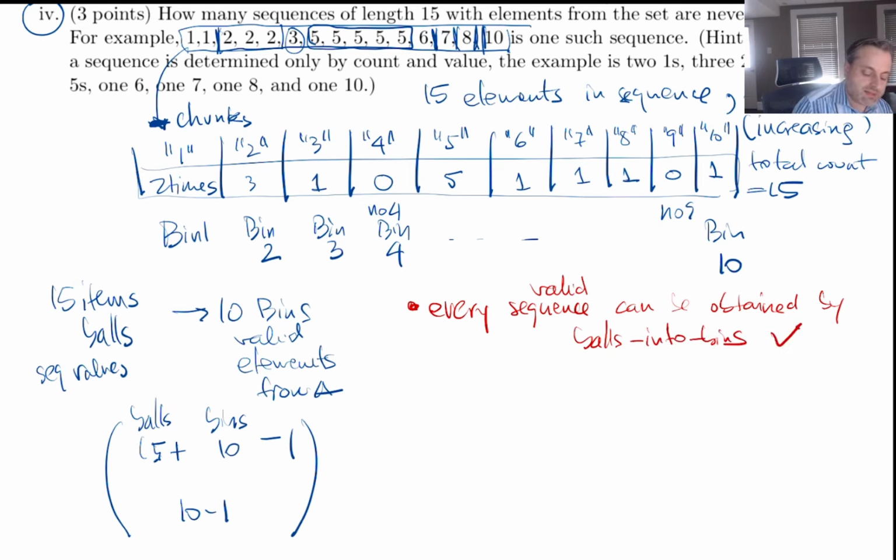We take any valid sequence, and of course this sequence breaks up into those chunks, and because we have arranged it into chunks, it means it can be generated by the balls into bins process. However balls go into bin 1, that will be how many ones we have in the sequence, and however balls get into bin 5, for example, that will be how many 5s there will be in this sequence.